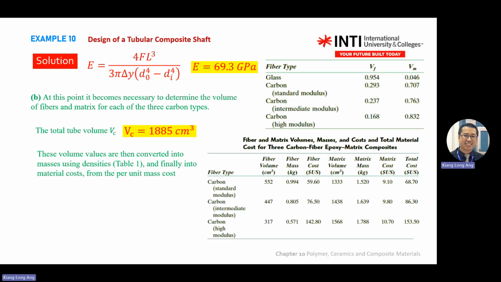Matrix multiply by the cost. Okay, multiply by the cost. You have the cost, then multiply total. Yes. You're given density just now, right? Yeah. This one. Okay, so you calculate 3 set of prices for that length of tube. You have costs. One is $68, $86, and $153.